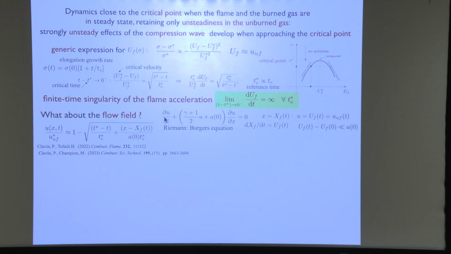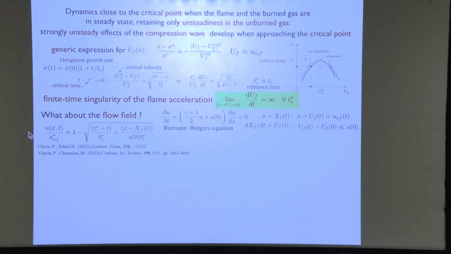In fact, it turns out that the flow obeys an equation which is similar to a Burgers equation, where Burgers has a quadratic term u du over dx. It's not difficult to solve this problem in the low Mach number limit, because, as I told you, the laminar flame speed is still in the low Mach number limit, and you obtain this relation.